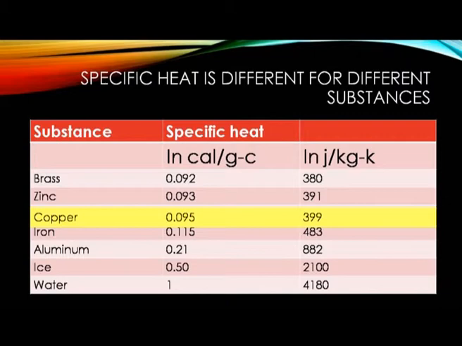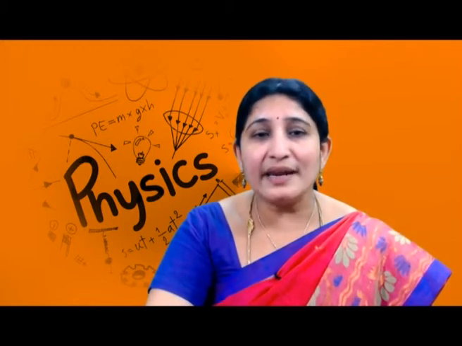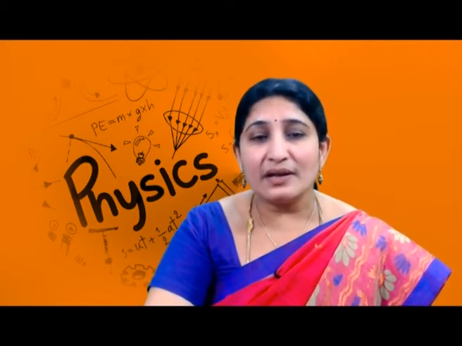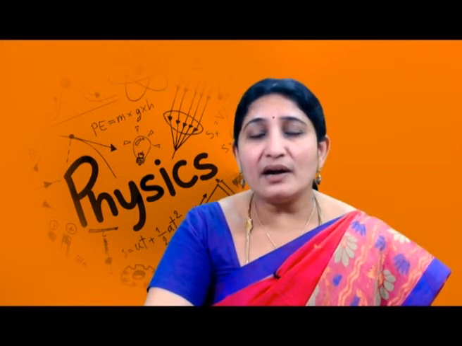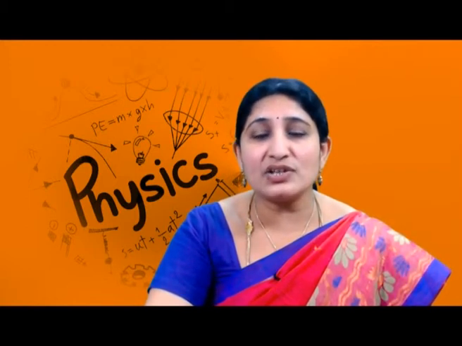Now we shall discuss why these substances are having different specific heat values. Because if we are supplying heat to those substances, the heat energy distributes into different types of energy for the increase of linear kinetic energy, rotational energy and also for the potential energy also.